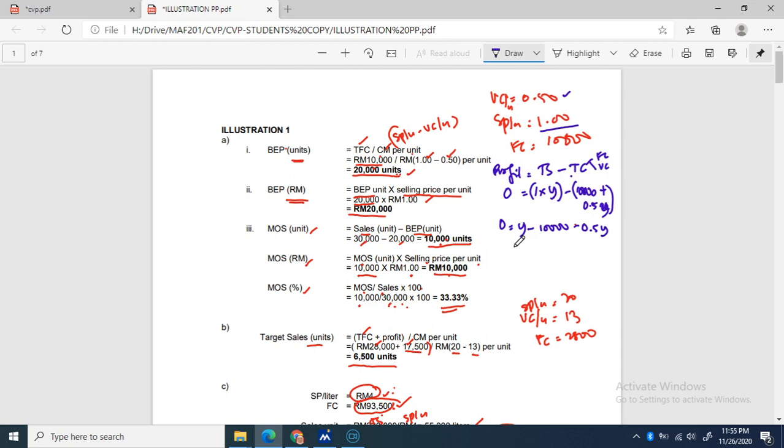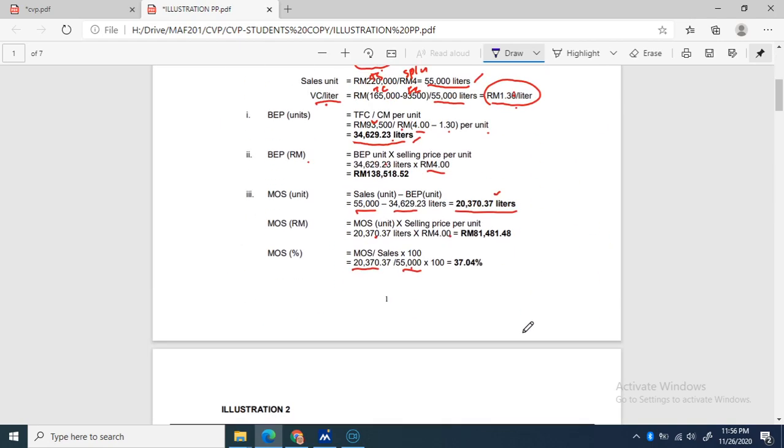So 0.5y equals 10,000. Y equals 10,000 divided by 0.5, you get 20,000 units. This is the same answer as before. So if you forgot the formula, you can use the equation, because the formula actually comes from the equation. So this is illustration 1.